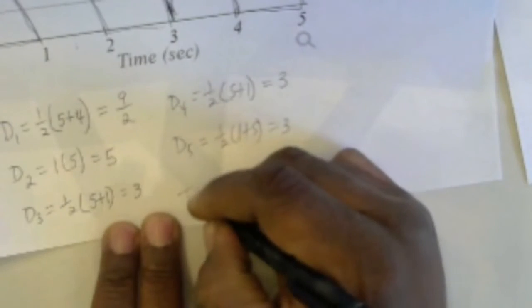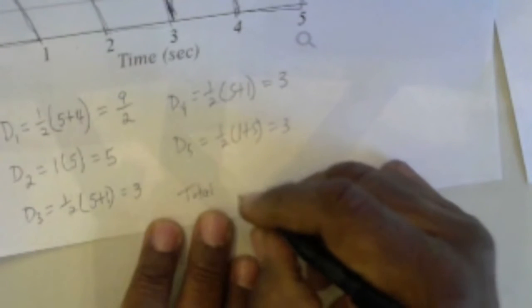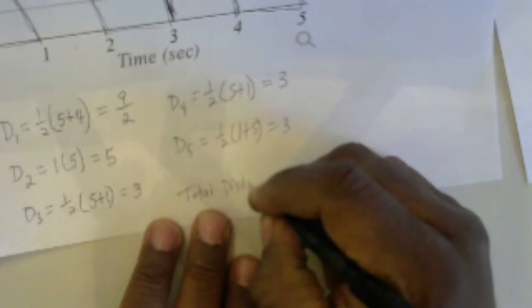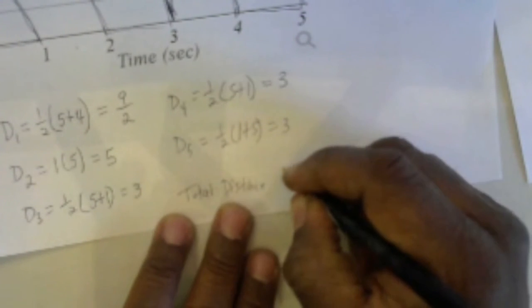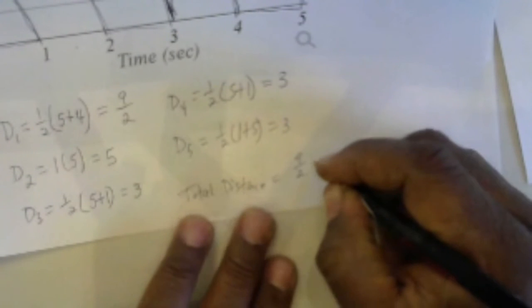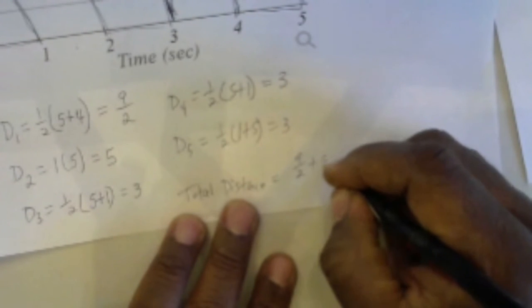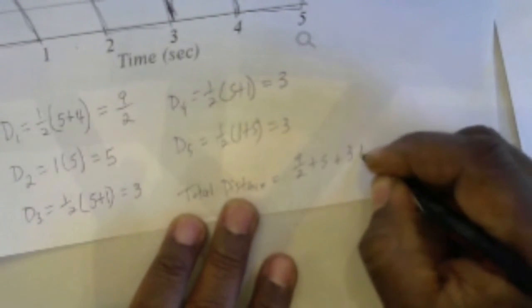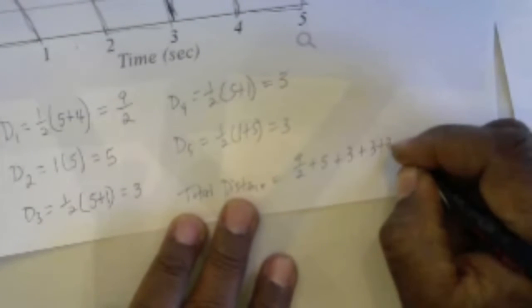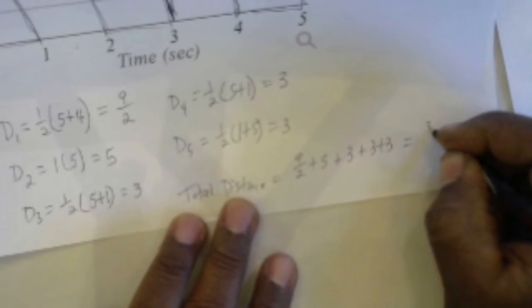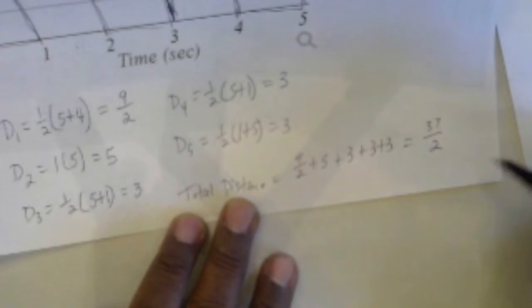Now if I add all of those things up, 9/2 plus 5 plus 3 plus 3 plus 3, you should get 37/2 as the distance traveled.